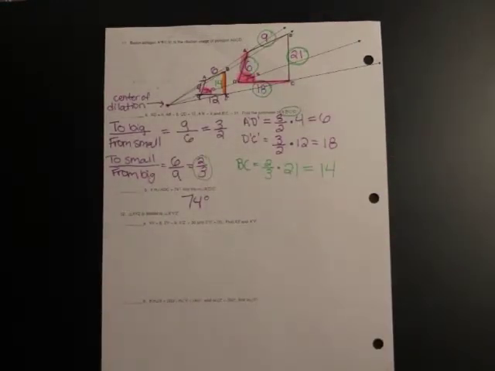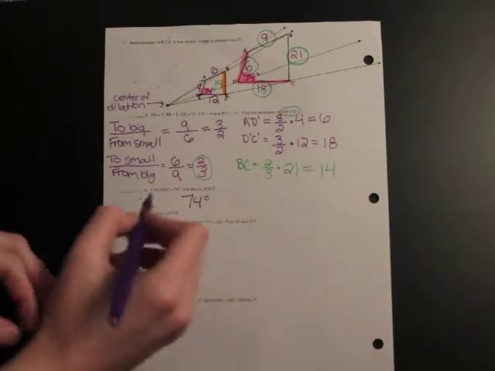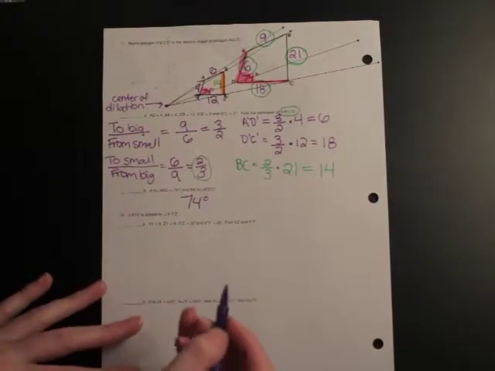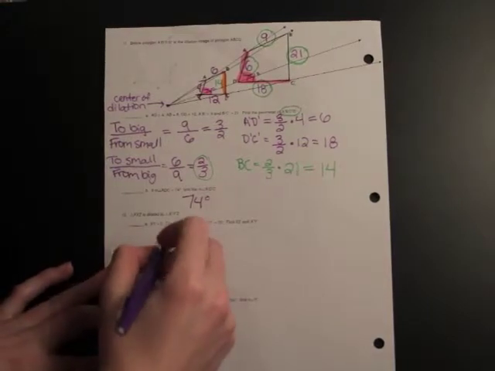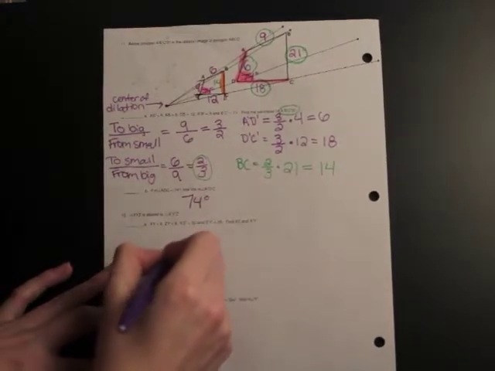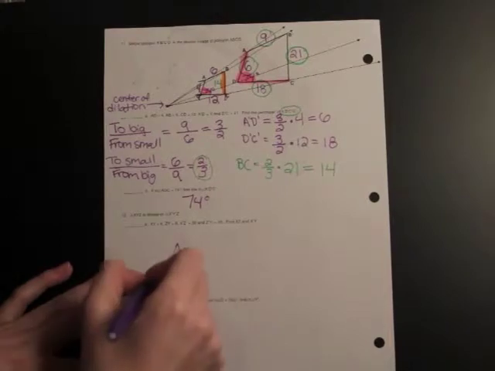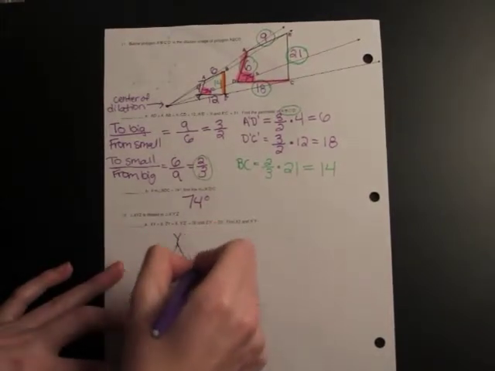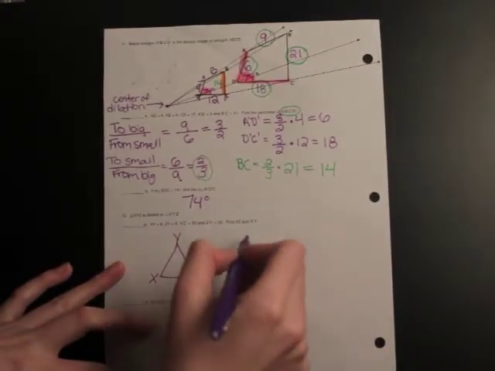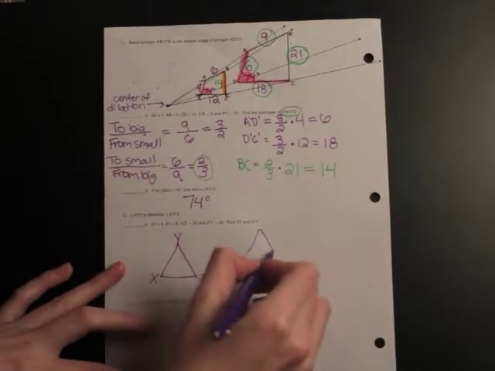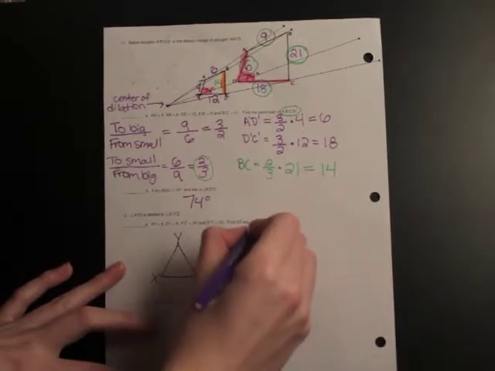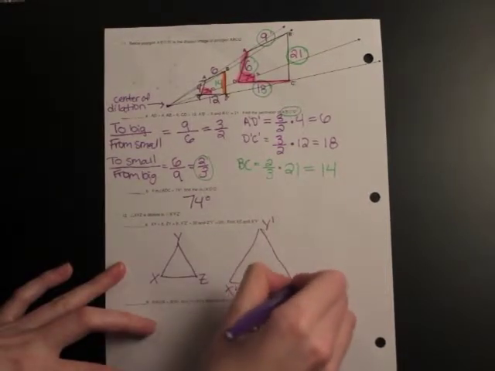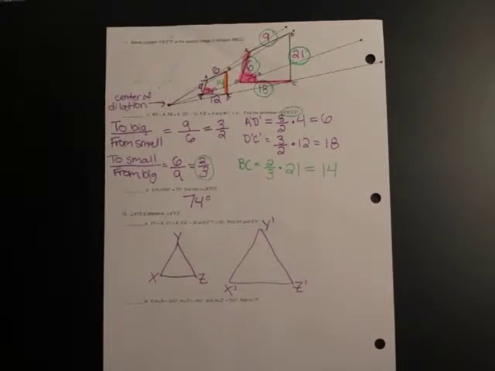Alright, last problem we're doing on dilation, and then we're done with this type of transformation. Okay? We're going to be talking about triangle XYZ and triangle X prime, Y prime, Z prime. So first, let's draw triangle XYZ. And then we have triangle X prime, Y prime, Z prime. Alright.